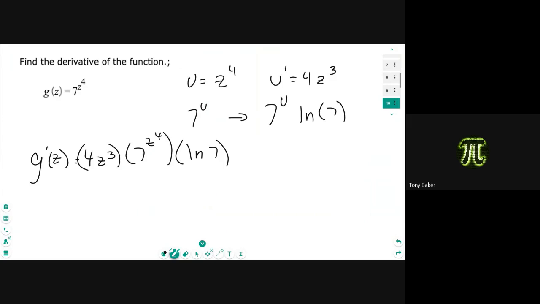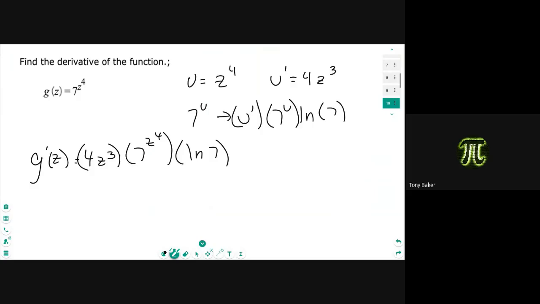Because if you remember, when you're doing that, basically it's that and it's u times u prime. You will have the one with the ln. So if you don't remember the rule when the base is not e, I'd write down that rule. One like this will show up.